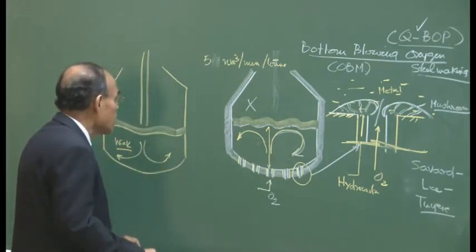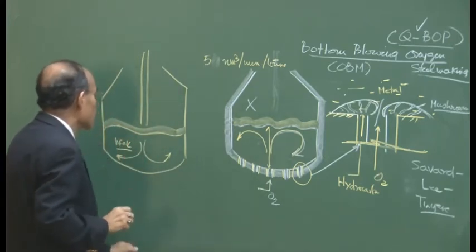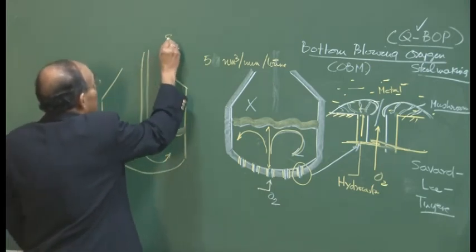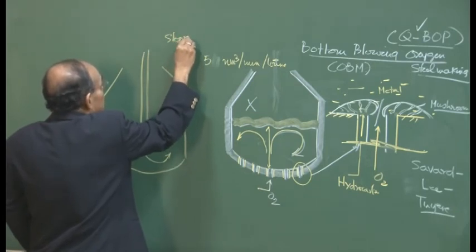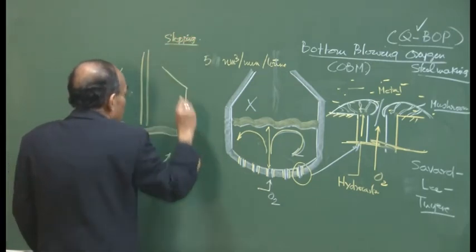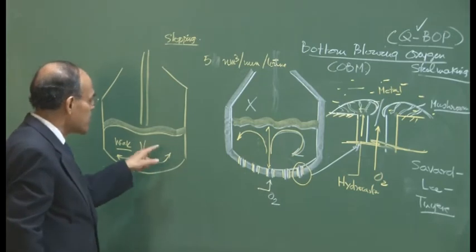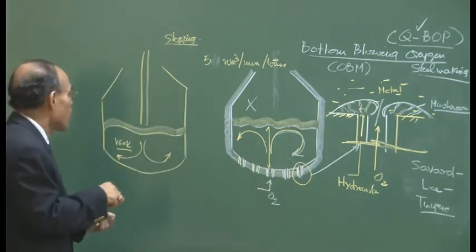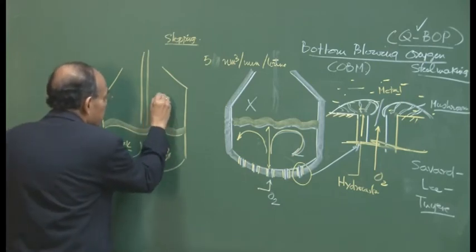Now, in this particular case, what we have seen in LD is a phenomenon called slopping, and this is very much because the system is not well stirred. I have told you that you have droplets being ejected.